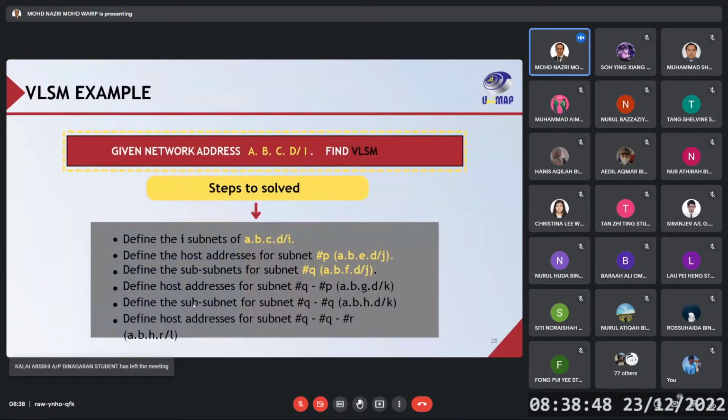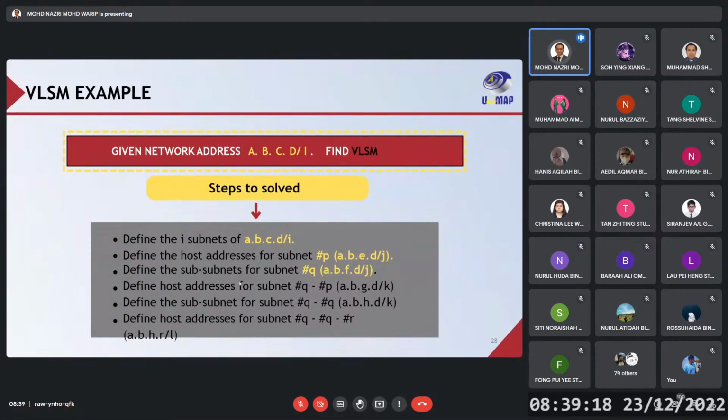If you do host addresses for subnet Q, the subnet changing, the decimal number is changing. After that, for subnet Q, the decimal also changing. Eventually you get subnet R, and the decimal changes.